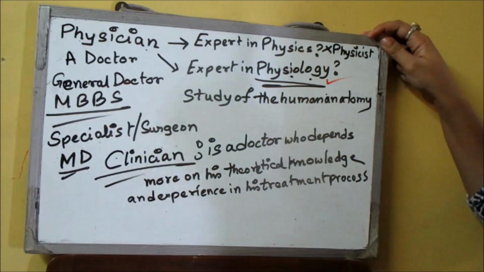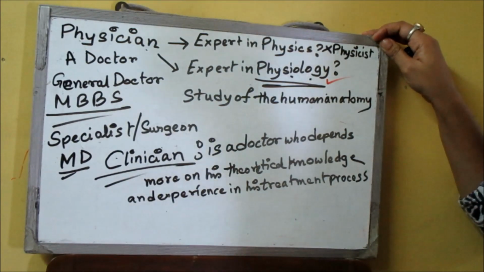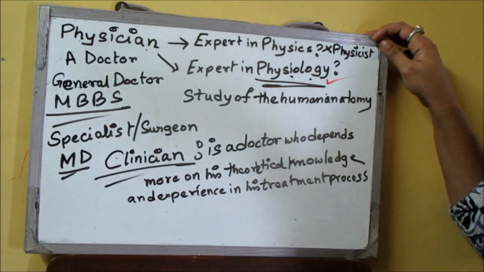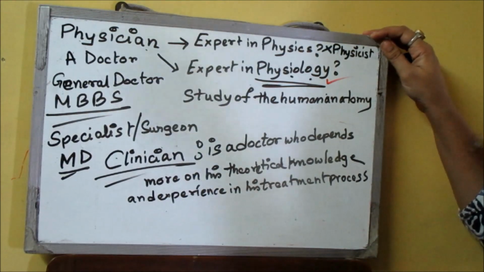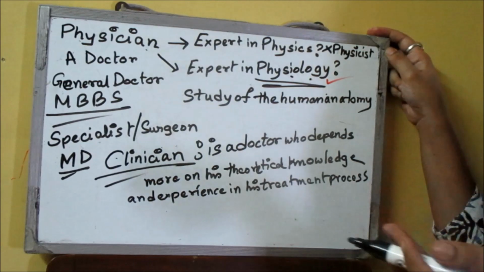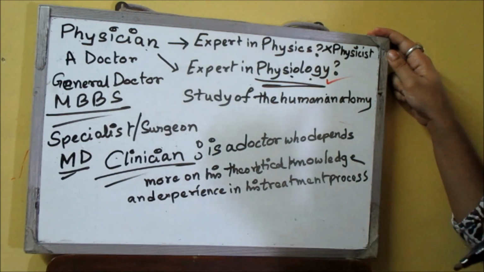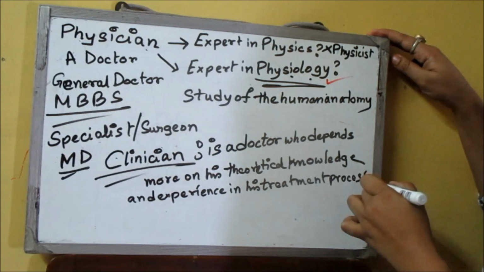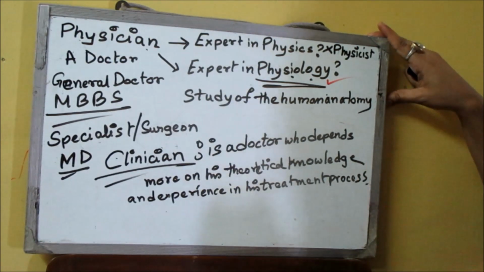But in India, not much technology is available, and hence the doctor mostly relies on his knowledge and experience for the diagnosis of a disease and its treatment. So they are clinicians.